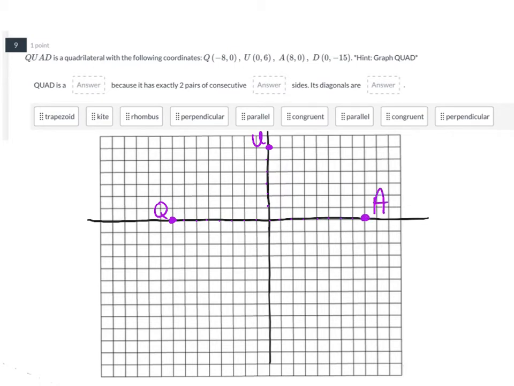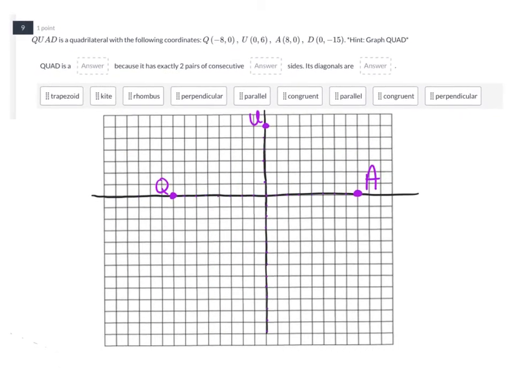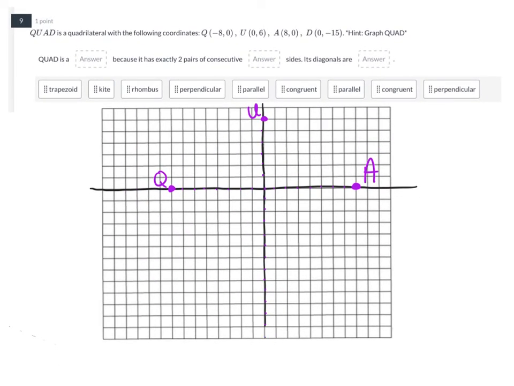And D is at 0, negative 15. So 0, negative 1, 2, 3, 4, 5, 6, 7, 8, 9, 10, 11, 12. I'm going to run out of room. 13, 14, 15. Wow. All right, so there's my quadrilateral named quad.